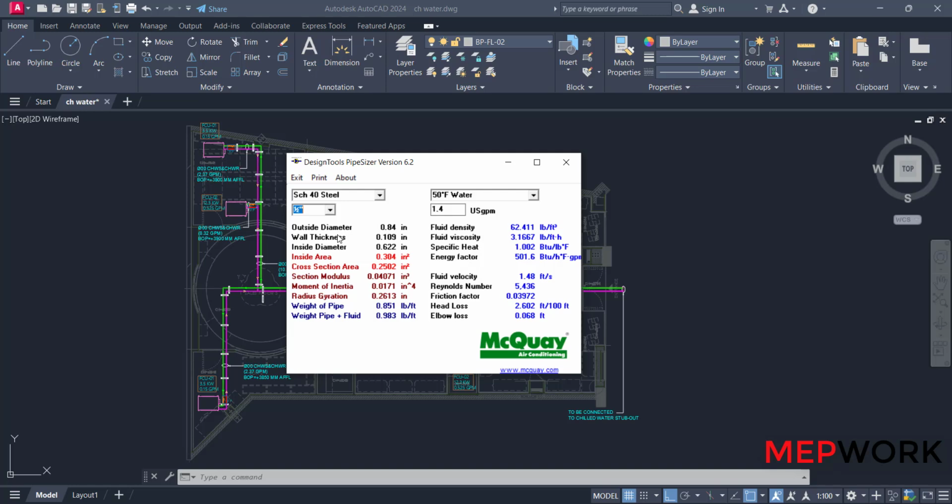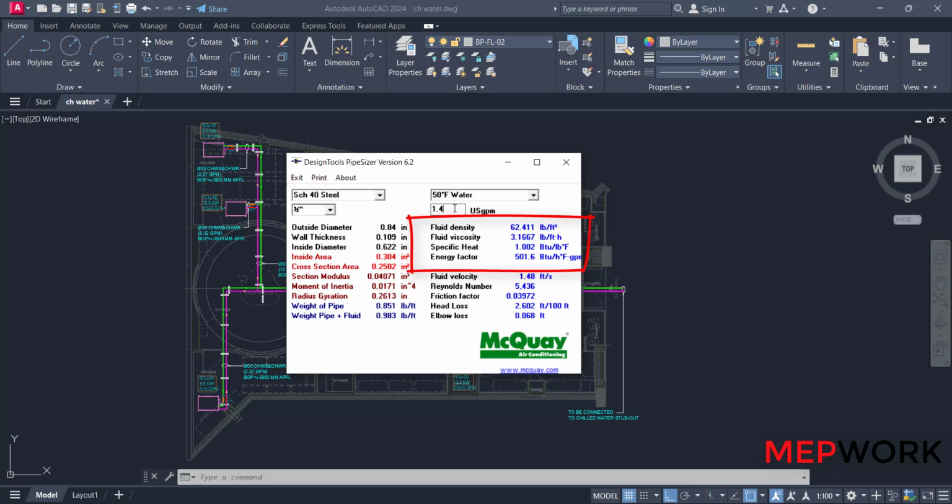On the left side, these parameters are related to pipe material and size, like pipe outside diameter, pipe thickness, pipe inside diameter, and many more. On the upper right side, these parameters are related to fluid type, like fluid density, fluid viscosity, specific heat, and energy factor.